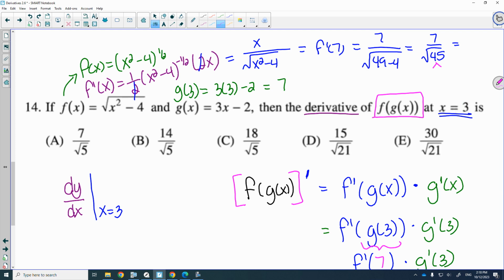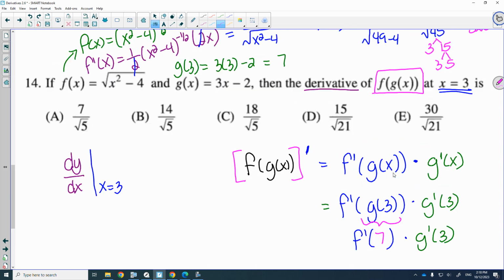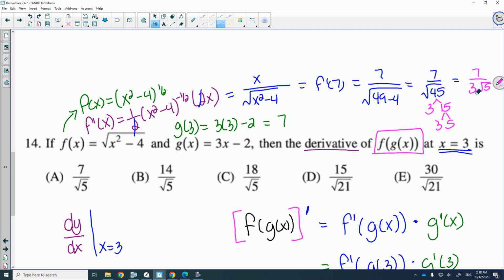Anybody remember what that would be? Three root what? So remember we'd get 3, yeah, it'd be 3 root 5. So 7 over 3 root 5. Don't worry about rationalizing it, because if you look at these multiple choice options, they all have radicals in the denominator. So f prime of 7 is 7 over 3 root 5.